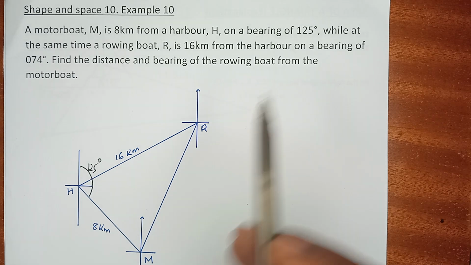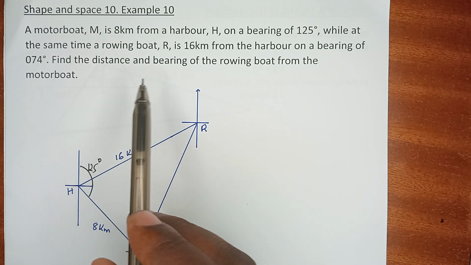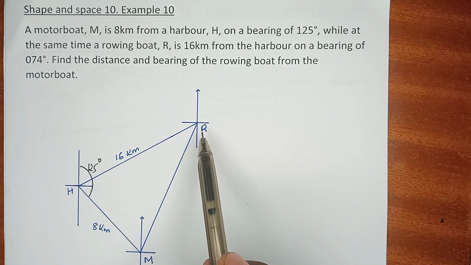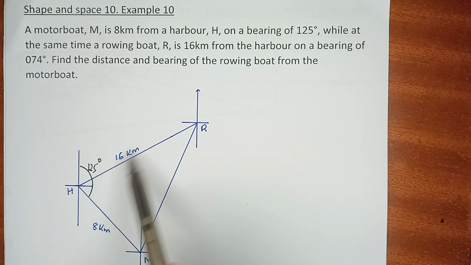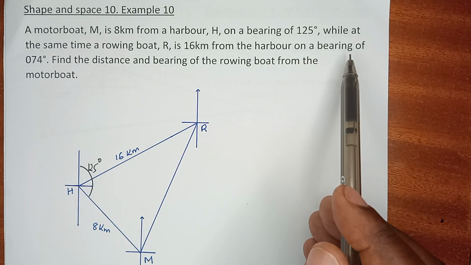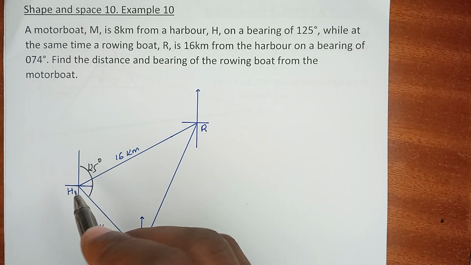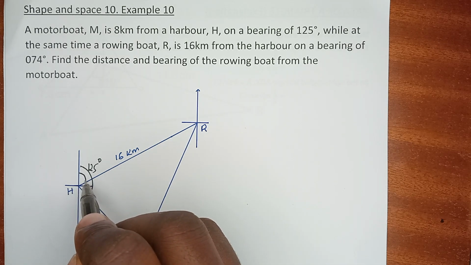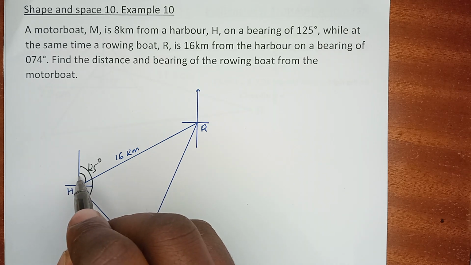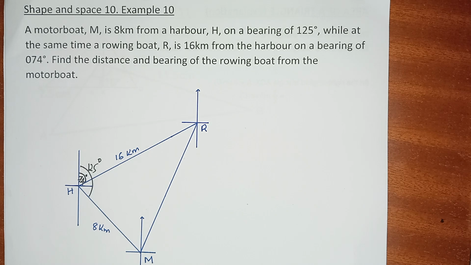At the same time, a rowing boat R, this one, is 16 kilometers from the same harbor on a bearing of this angle now, 74 degrees.